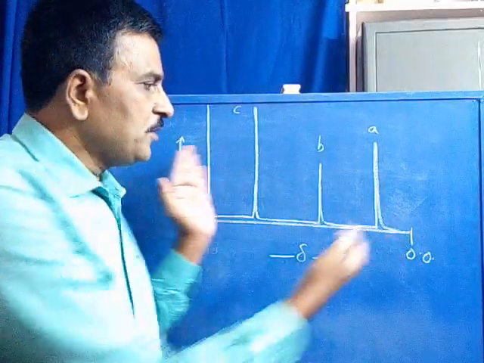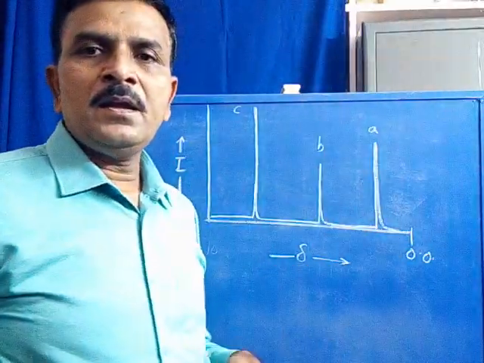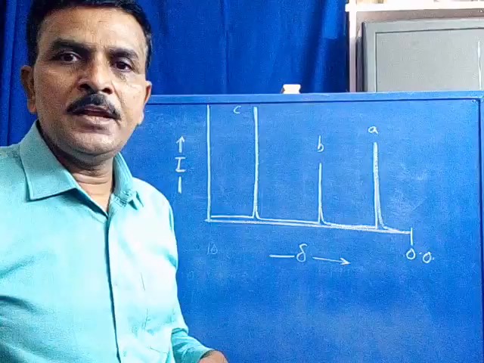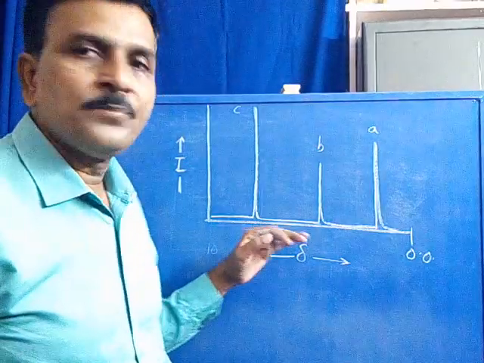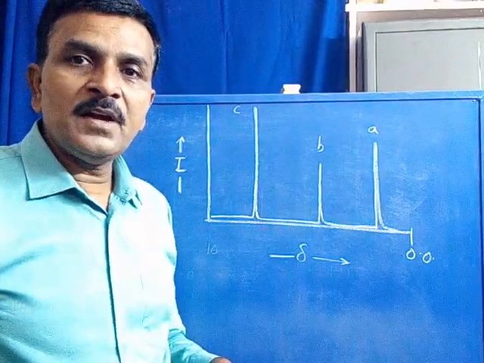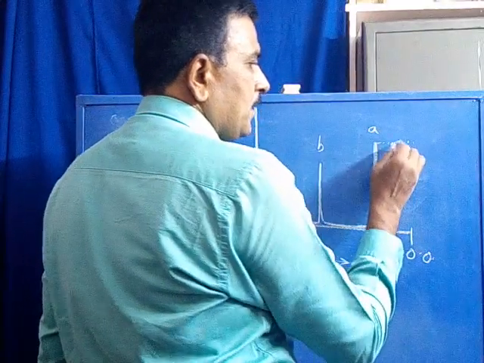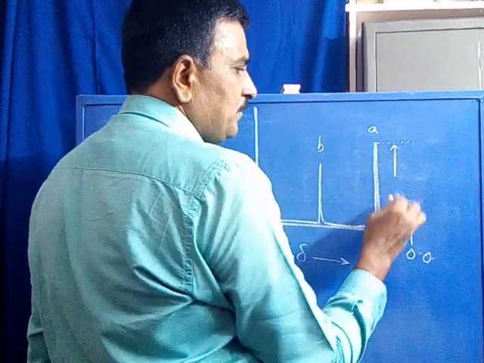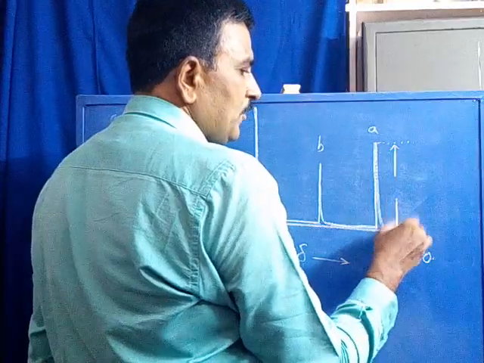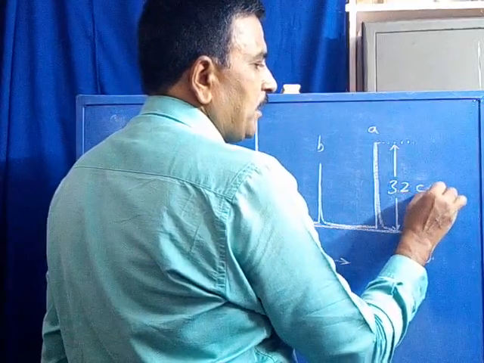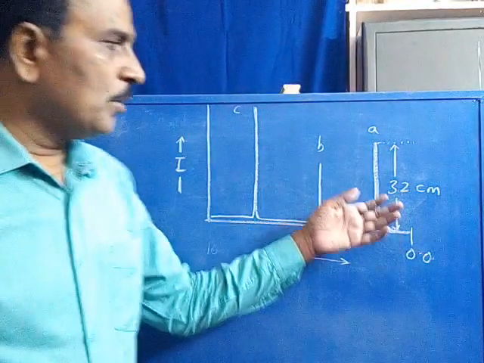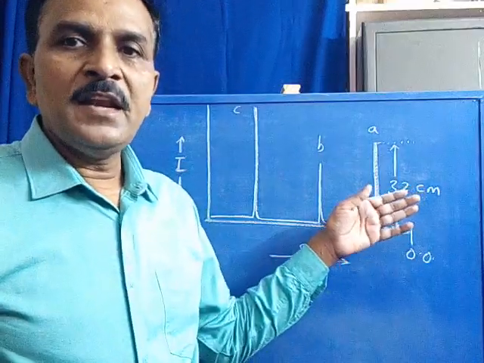So this is the spectrum we get from the molecule after its recording. Then what we have to do is measure its height. Say I am measuring the height. The height of the first signal, say 32 centimeters. These are only imaginary values.